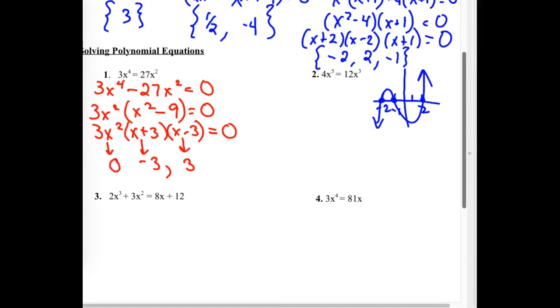My 0 is 0. But that's actually counting as 2 because it's an x squared, and either of those two x's could have been the 0. Does that make sense? We call that a double root. All right, it's degree 2, the x squared, so it's showing up as a double root.